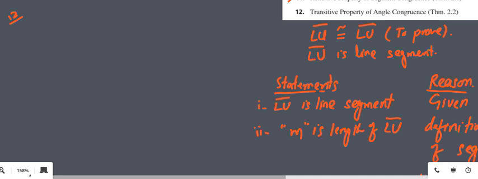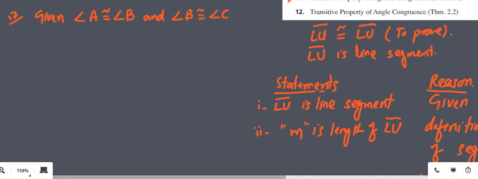In angle congruency, we are given some condition, and then we will get a conclusion. So we are given that, let's say, angle A is congruent to angle B, and angle B is congruent to angle C. This is what we are given.